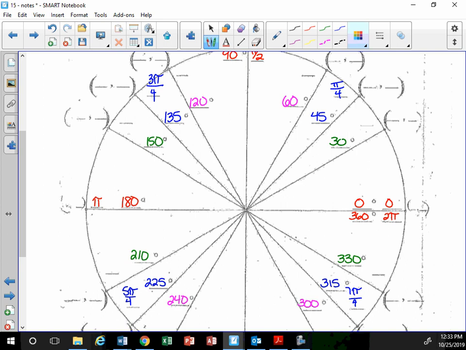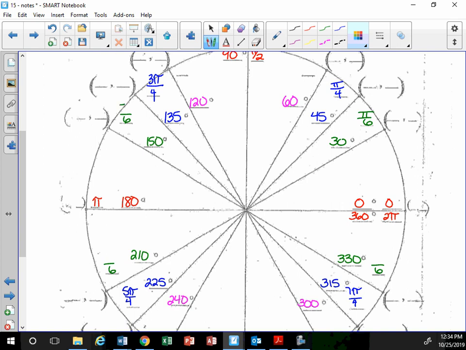All right, I'm switching to green. I'm doing the 30-degree angle. What is 30 degrees in radians? Pi over 6. Good. So all of my green ones are something over 6. Remember, we want a non-reducing fraction. That's what we're looking for. So what's the one in the second quadrant going to be? 5 pi over 6.